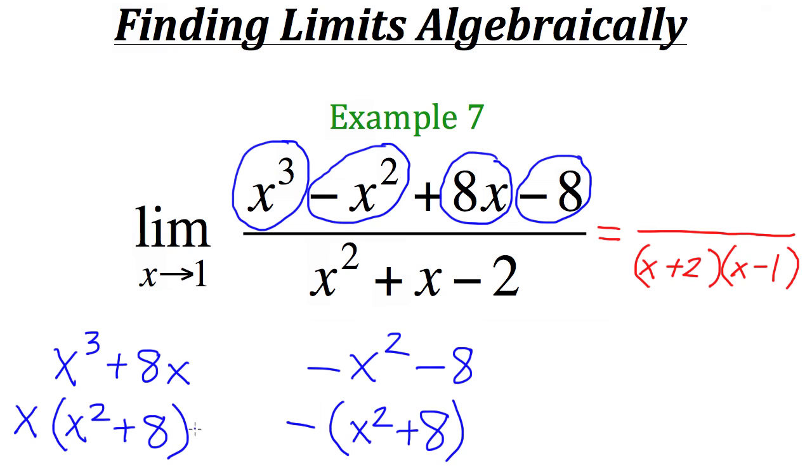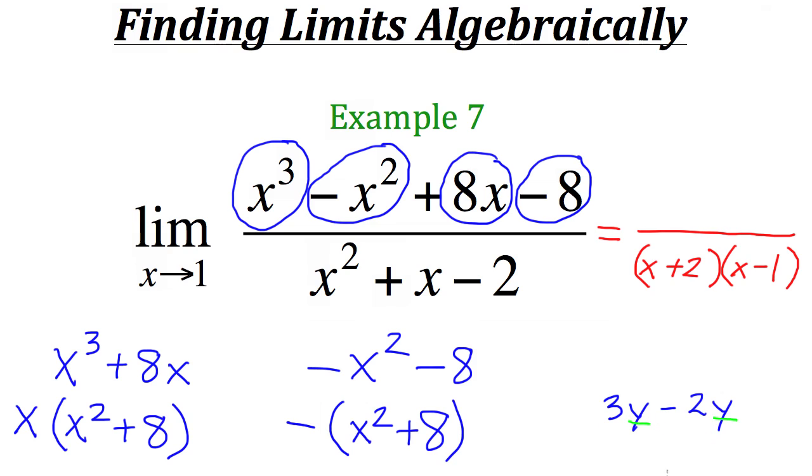Now here's where more of the thinking and reasoning comes into play. Now imagine that our binomials here, the x squared plus 8, are like some big variable. So I'm going to show you another small example on the side here. So say we had 3y minus 2y. Well, our variables here are the same. They're both y's.